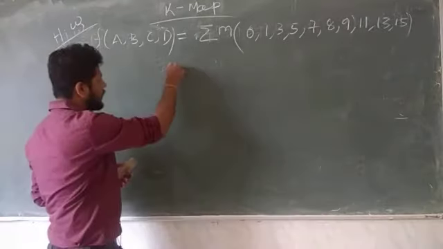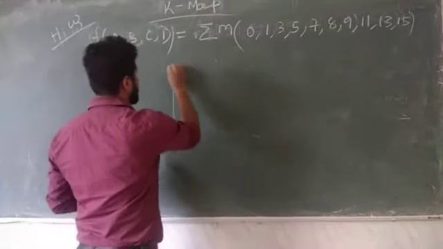So first we need to draw a 4 variable K map.